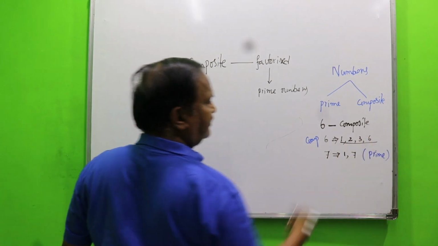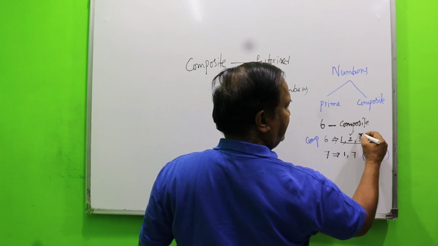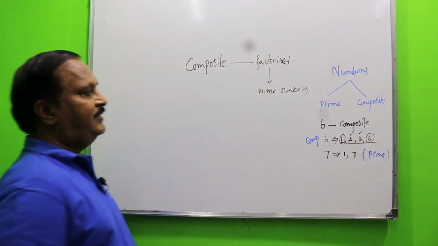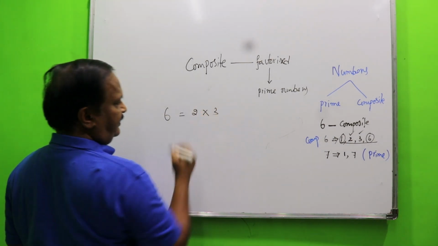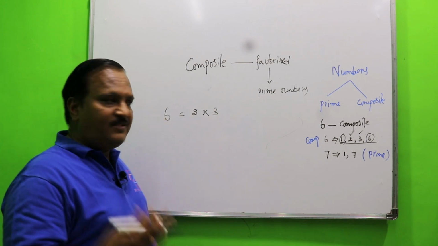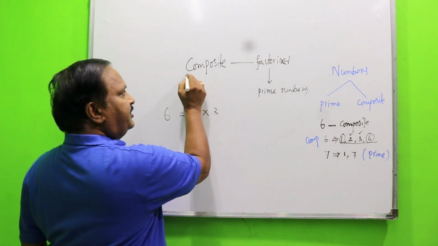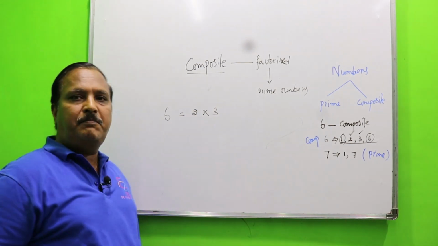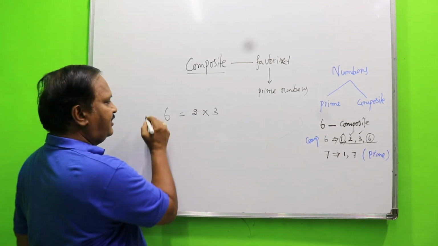For example, take 6. 2 is a prime number, 3 is a prime number. So 6 you can write as 2 into 3. 6 is a product of 2 and 3. Every composite number can be expressed as a product of prime numbers. We can call these two prime factors also.